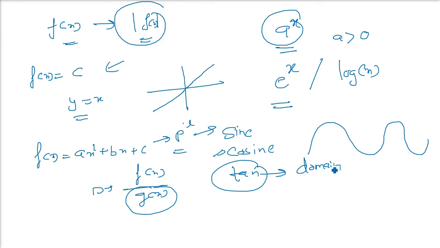When we talk about 1 by sine, 1 by cosine, 1 by tan, that is cosecant, secant, and then we have the cotangent, they are also continuous, but we should know under what domain, right?